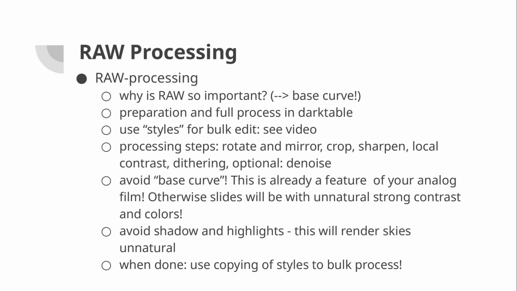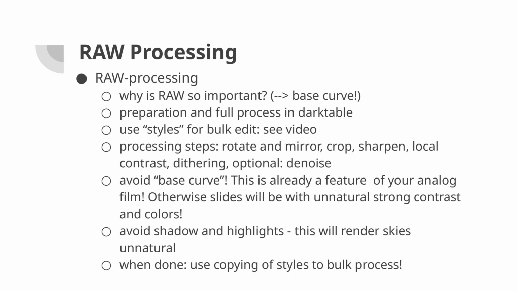Before starting in darktable, let's talk a little bit about not the theory, but the basics of processing. Why is RAW so important? The point is that an analog film already contains a built-in base curve, which transforms the luminance and the colors of the light into luminance and colors on the film.